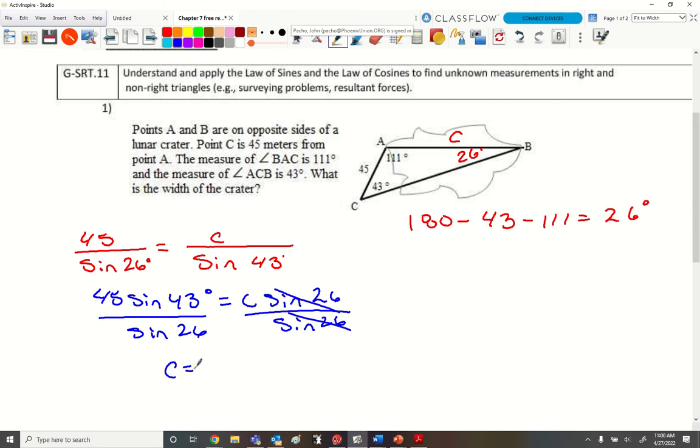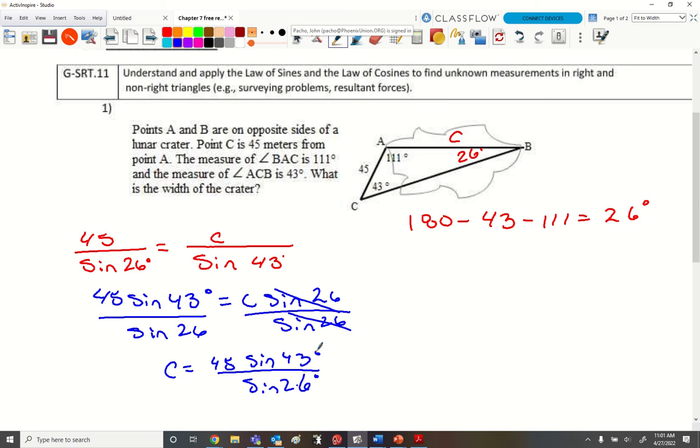So c is equal to 45 sine 43 divided by sine 26. It's 27? No, 70. Oh, the answer is 70. Okay. 70. So you put that in the calculator? Yes, you put that in the calculator.